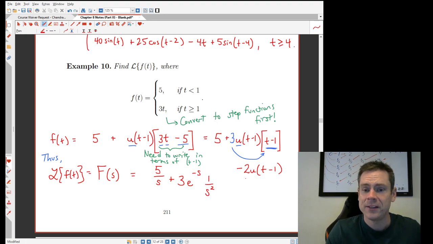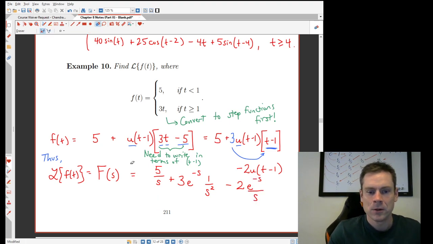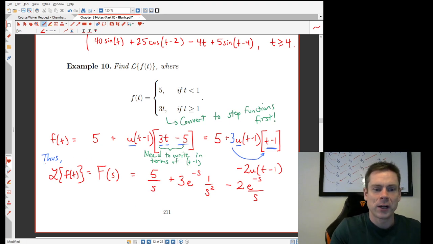And the last piece is going to be minus 2 times the Laplace transform of u of t minus 1. That's e to the minus s over s. I'm just going to move this 5 over s down a little bit so it all looks like one line. But that's it. This is what it is.